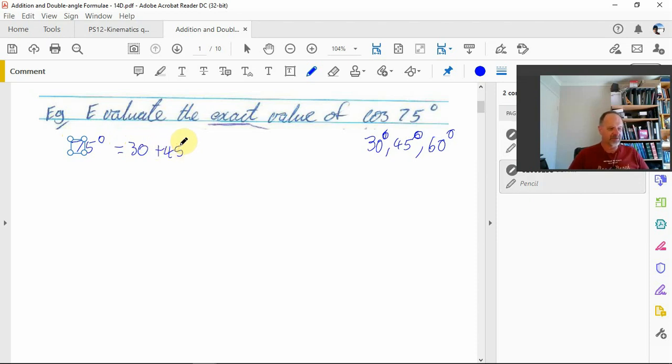Because it's 30 plus 45, what we would do is say that cos 75 is the cos of 30 degrees plus 45 degrees. All right, and so then we go to our addition formula.